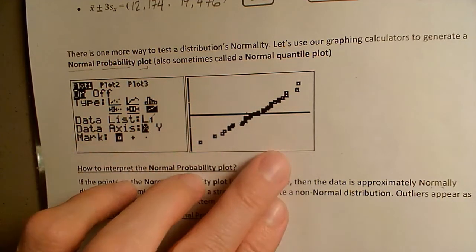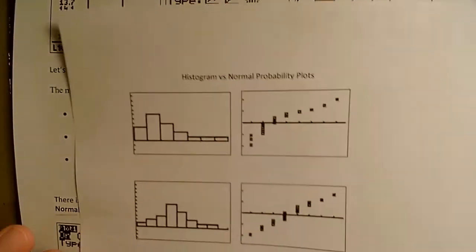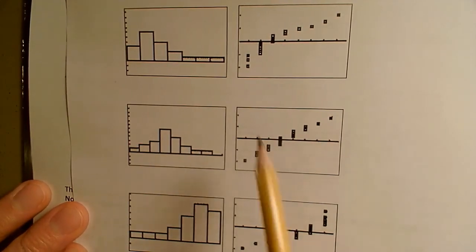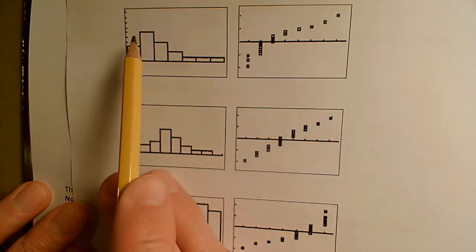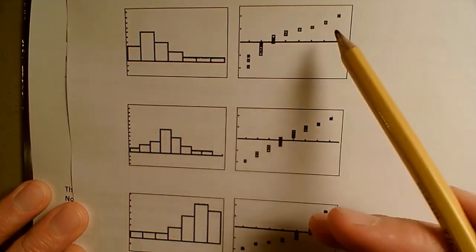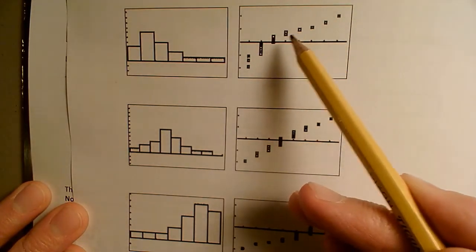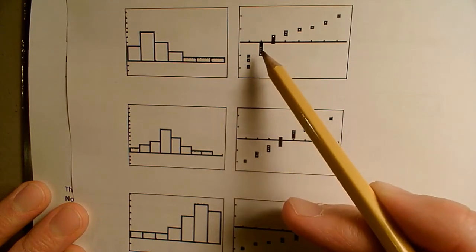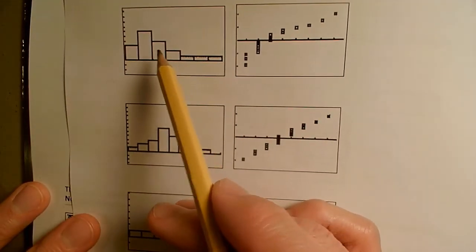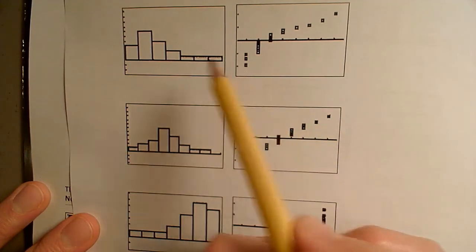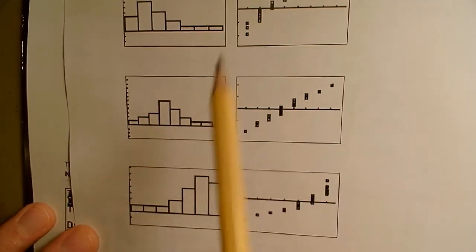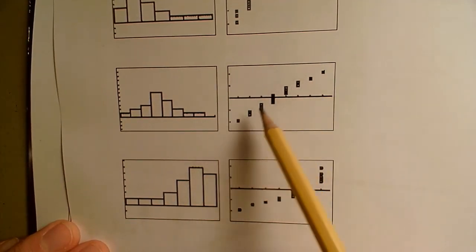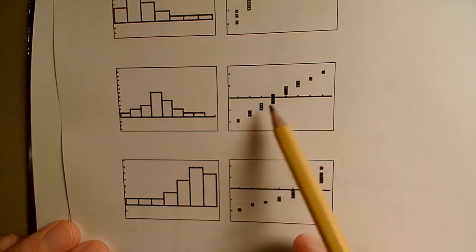So this data is clearly fairly normal, but I took my graphing calculator and plotted some others that maybe weren't so normal. This one is a histogram clearly skewed to the right. Notice it's sort of linear up here, but then it curves down and it's bunched up a little bit on the end. That is what we would expect to see when it's skewed to the right. This one is not exactly normal, but sort of symmetrical. You can see it's kind of linear, not awful.